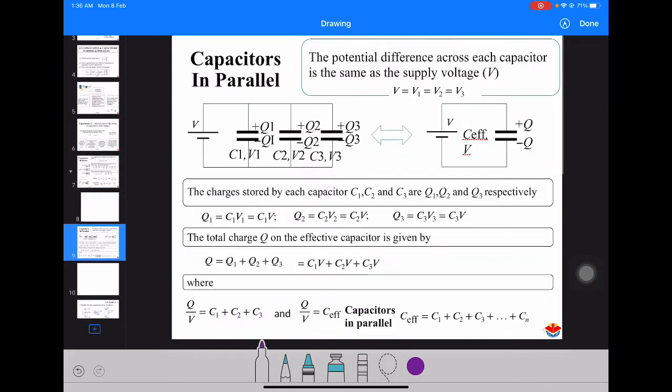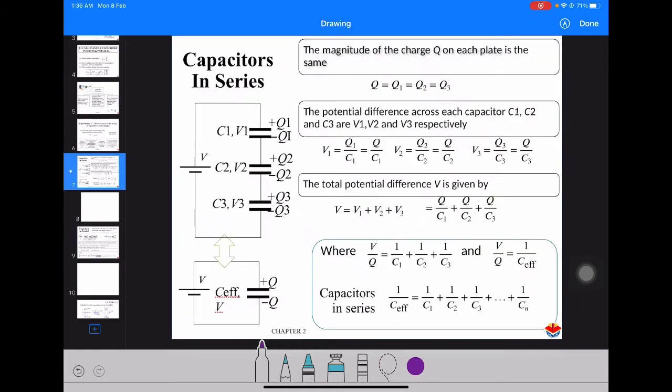For capacitors in parallel, you expect to have a junction between one capacitor and another. As a rule of thumb, when I try to memorize how to calculate the effective capacitance of series and parallel, I expect it to be the opposite of the one for resistors. So don't worry.